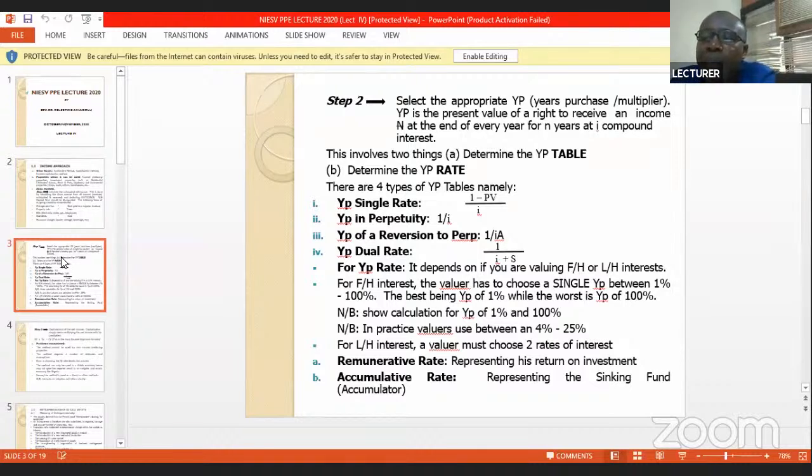So YP in perpetuity is used to value full rental value.